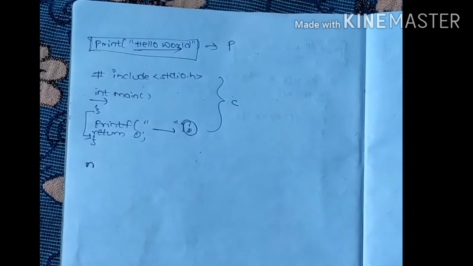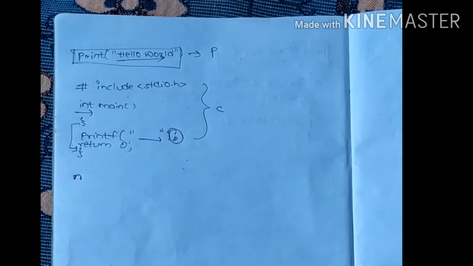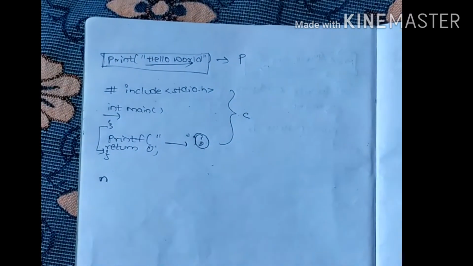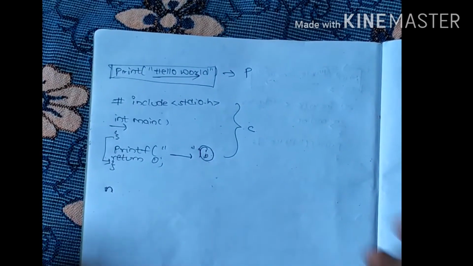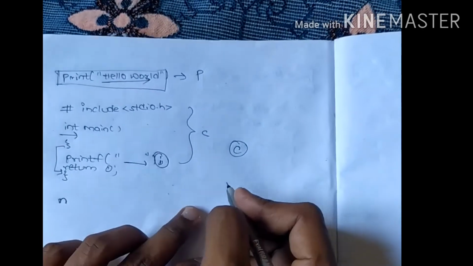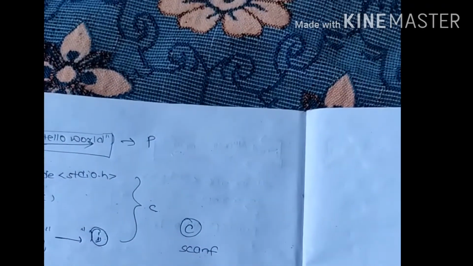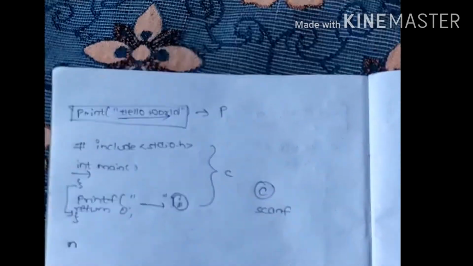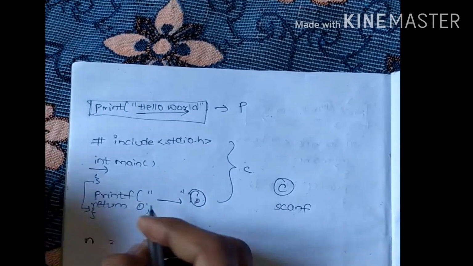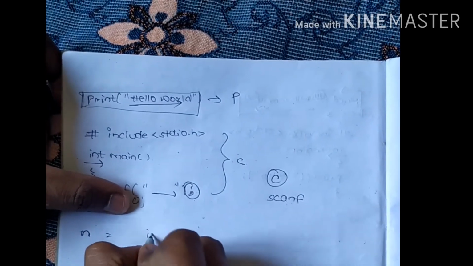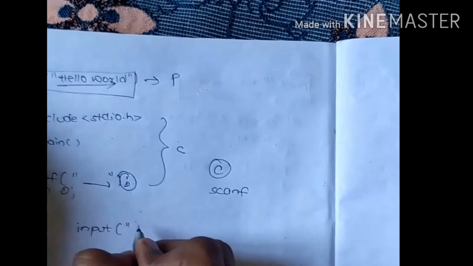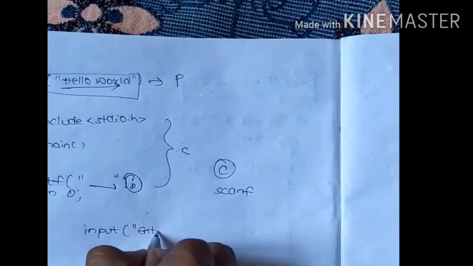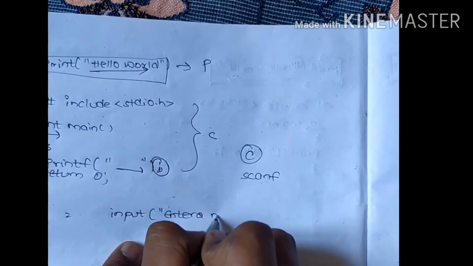Now we are going to see how to check whether the given number is even or odd. As a programmer, we always have to take the number from the user side. In C, we take the number using scanf. In Python, how will we take the number from the user? We will write n equal to input, and to show the content we write "enter a number to check".